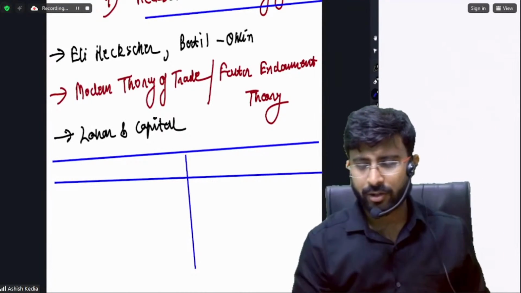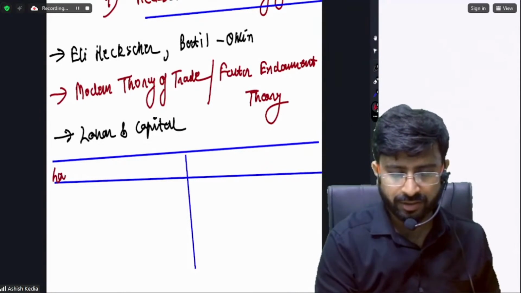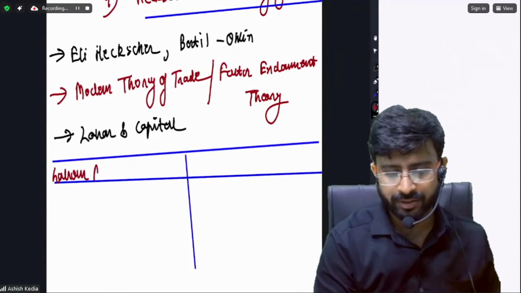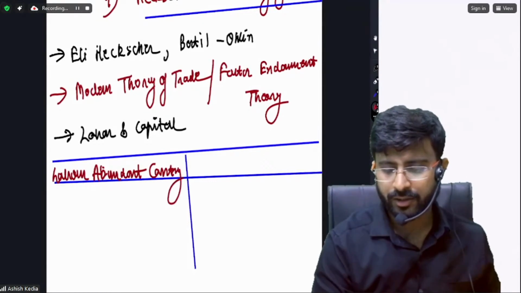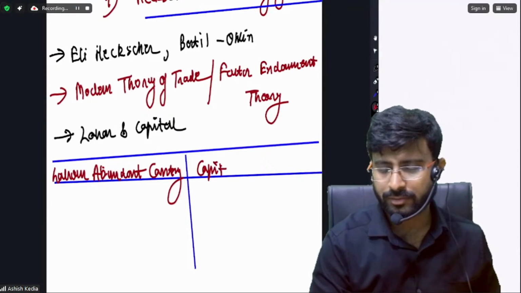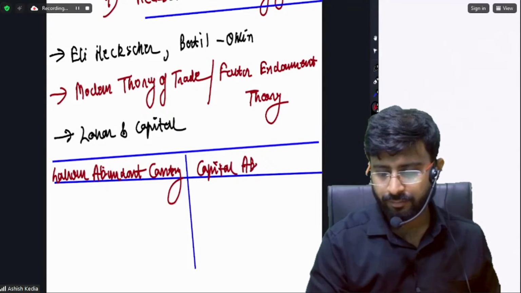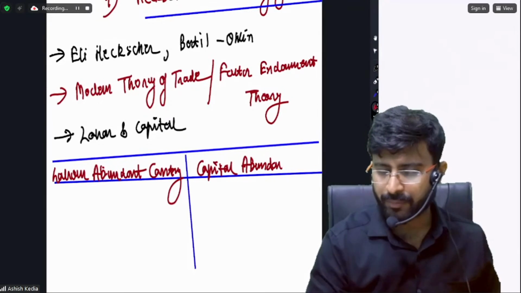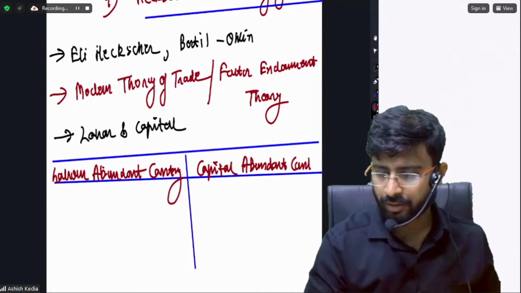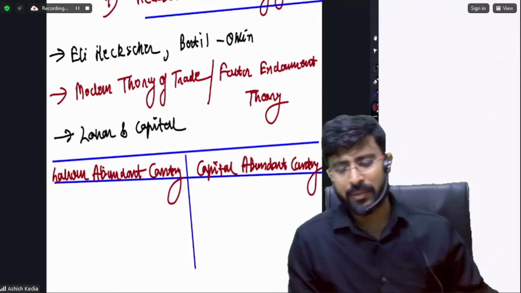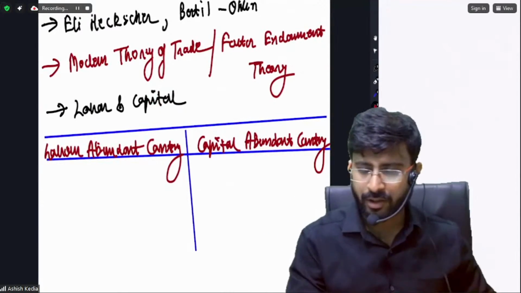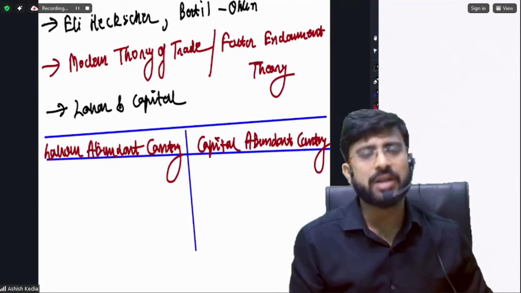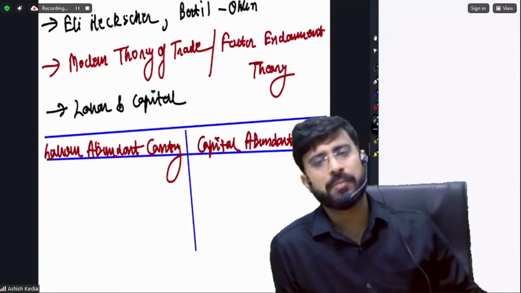On one side you have labor abundant countries, the country having a lot of labor, and on the other side you have capital abundant countries. I repeat, on one side you have a labor abundant country, on the other side a capital abundant country.